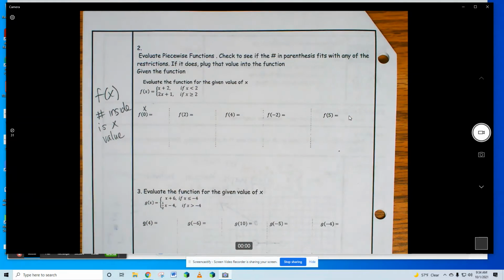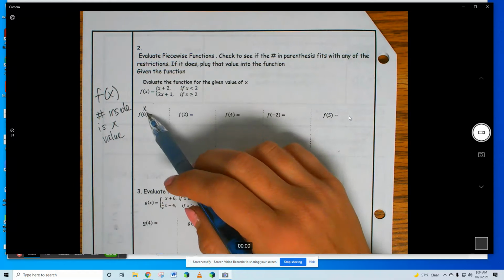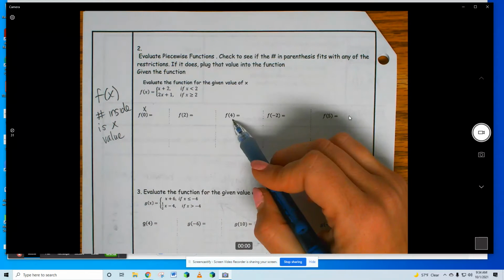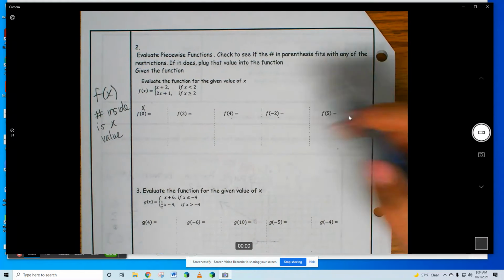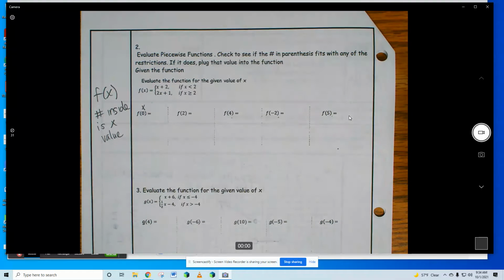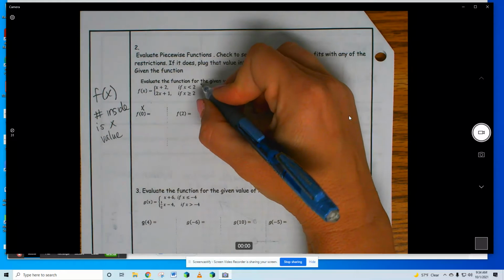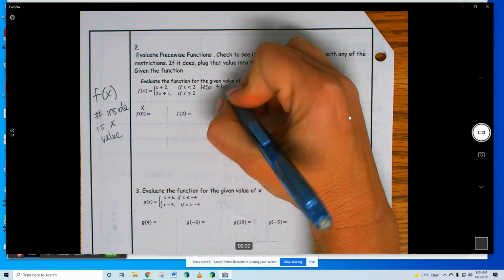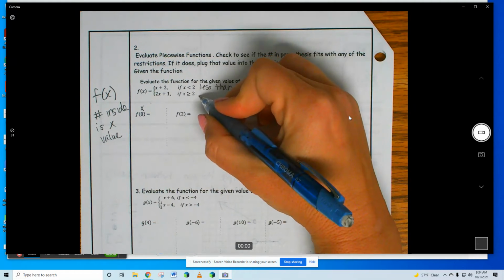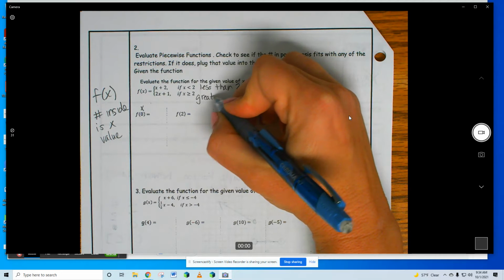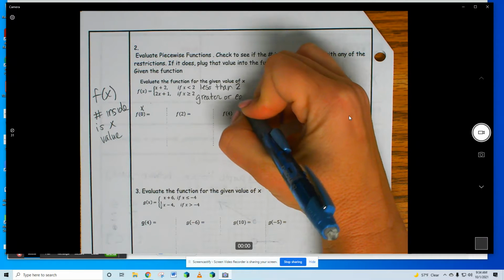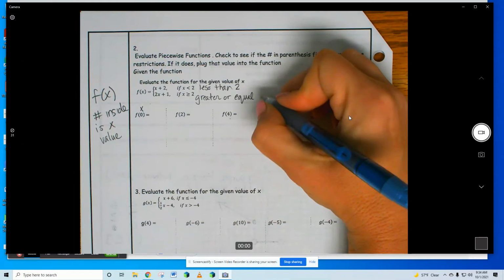So, if x is 0, if x is 2, if x is 4, if x is -2, if x is 5. Okay, this says less than 2. This says greater than or equal to 2.